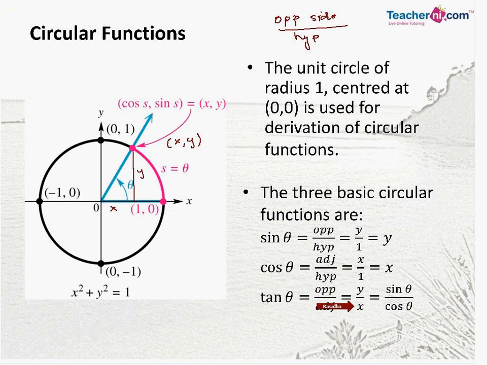And we've already seen that y is sine theta and x is cosine theta. We can also say tan theta is equal to sine theta over cosine theta. So that is the relation connecting tan, sine, and cosine.